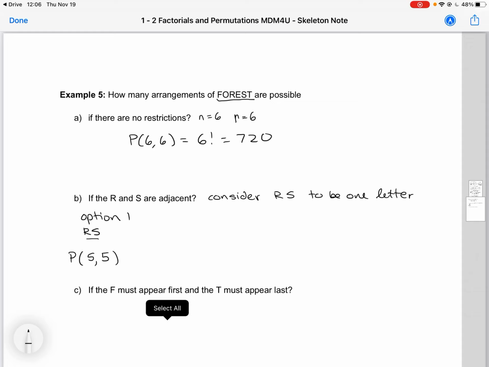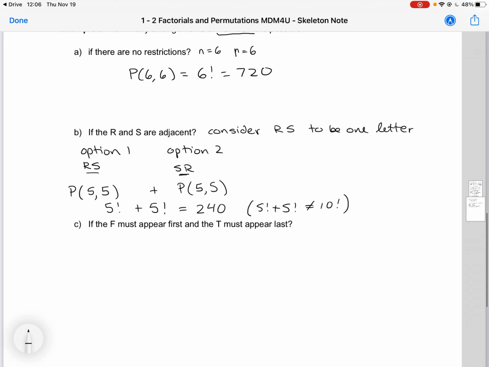Out of 5 possible spots, I have a second option where the S comes before the R. Again, I have the same setup for my permutation. I've got 5 objects to choose from, considering SR to be one letter. 5 objects for 5 spots. So I can simplify this by saying 5 factorial plus 5 factorial is going to be 240. Something important to note is that 5 factorial plus 5 factorial is not equal to 10 factorial.